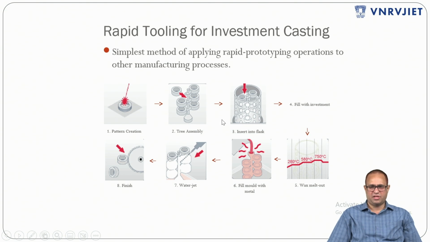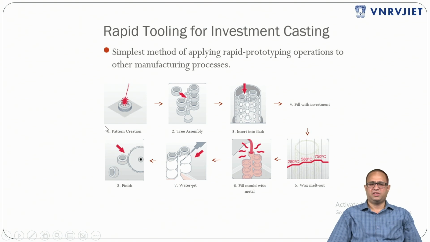Then the entire tree is inserted into the flask and filled with wax, and after heating, we finish the molds, clean with a water jet, and fill the mold with metal, and the wax is melted out. So this is the sequence of making investment casting.